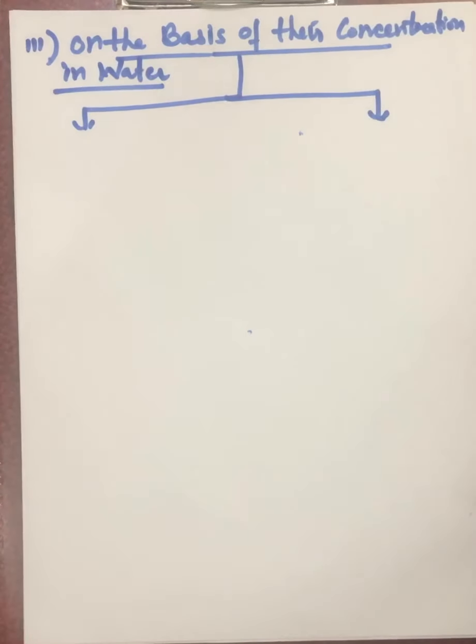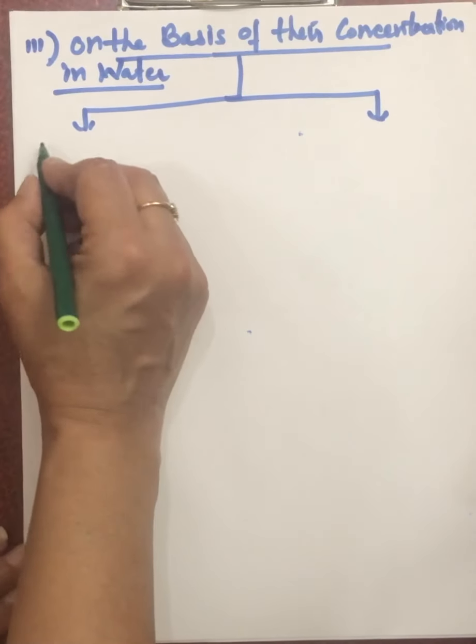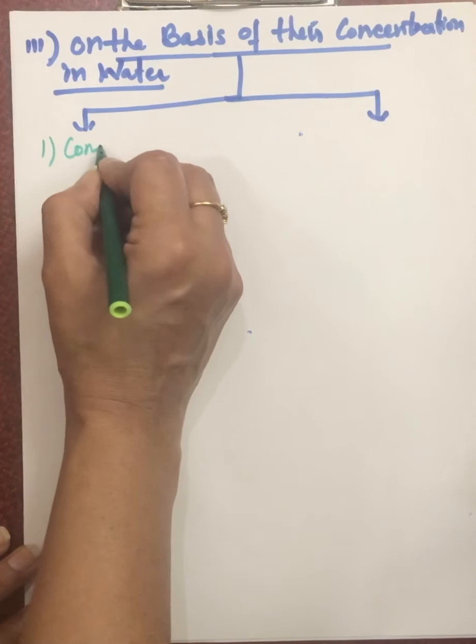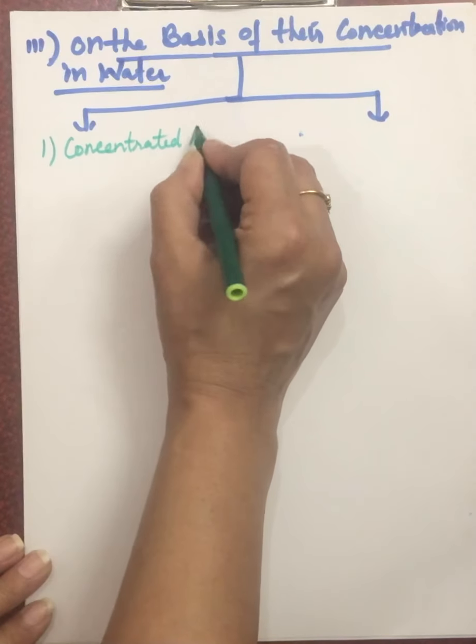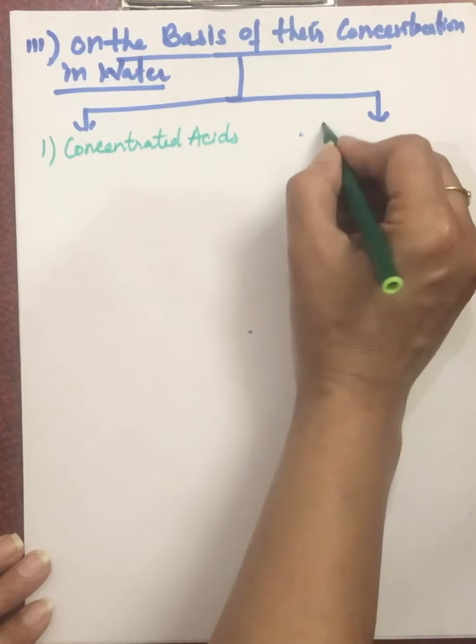On the basis of their concentration means how much amount of these acids is there in water. Based on that, these are of two types: concentrated acids and dilute acids.